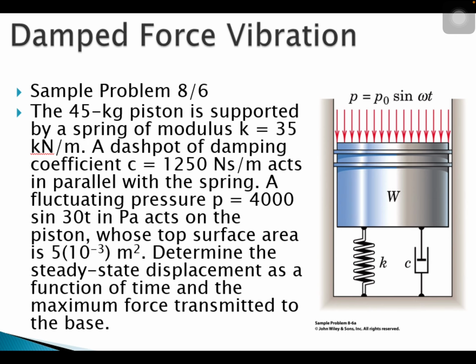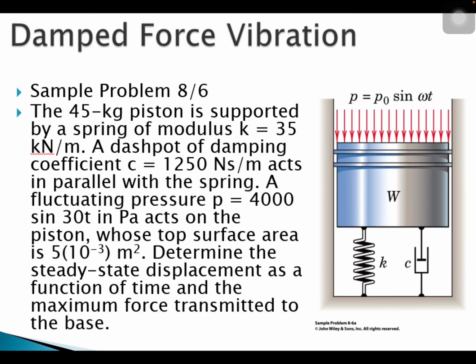The equation for the pressure is P equal to 4,000 sine 30t in Pascal. And since we know the top surface area, which is 5 times 10 to the power of negative 3 meter square, we can multiply the area with the pressure to get the force, right?